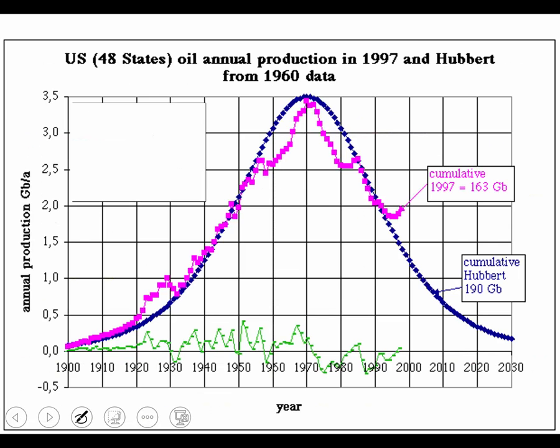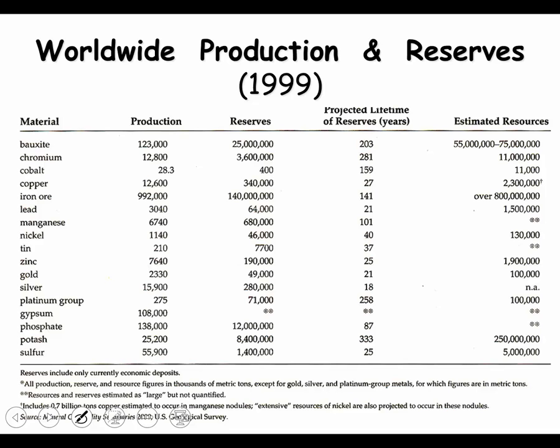Now, if you take that volume and you divide it by the rate at which it's being used, to get that volume you have to make an estimate, you can predict the lifespan of that, projected lifetime. And for bauxite, a couple hundred years. We got a lot of it. We don't use it too much. But here, silver, wow, that would be 18 years if we didn't do something.